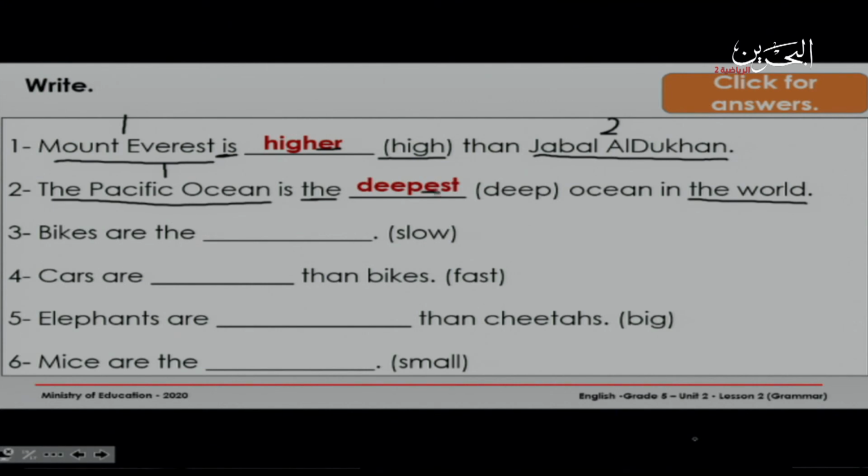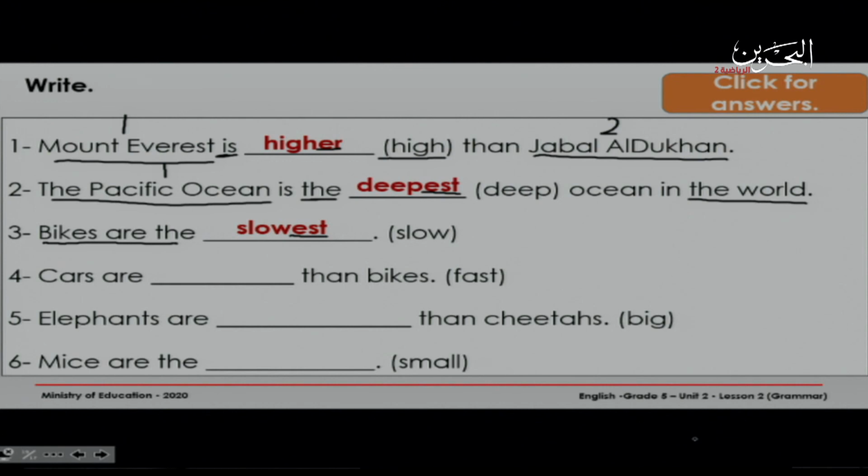We added EST to the adjective. Let's look at number 3. Bikes are the, and then we have the adjective. What's your answer? Slowest. We added EST to the adjective.